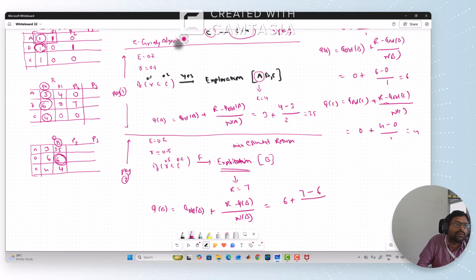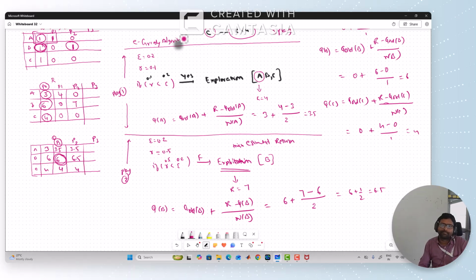Number of plays are 1 and 2. So total number of plays on the machine is 2. So now we have 6 plus 1 by 2, that's equal to 6.5. So this is updated as 6.5 because A and C did not participate, their values will not change. That is 3.5 and 4.5.